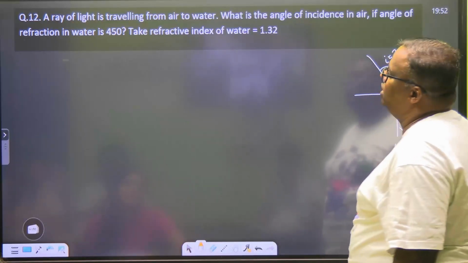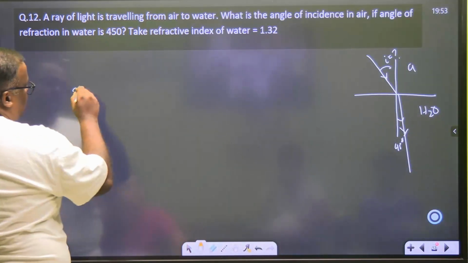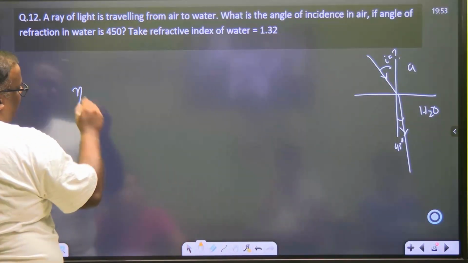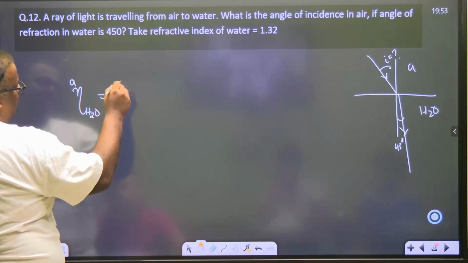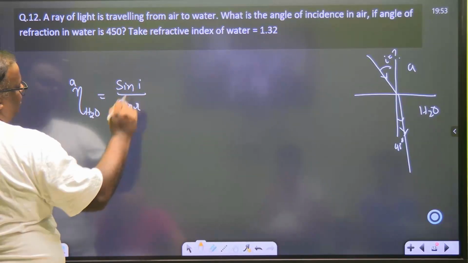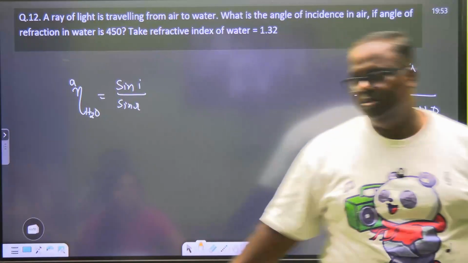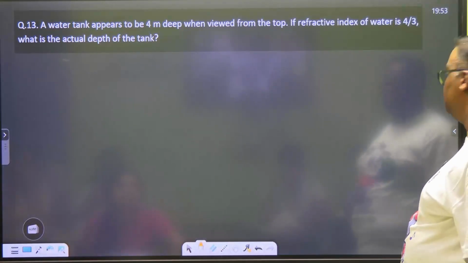Obviously, this has to be more than that. Take the refractive index of water, eta H2O with respect to air, is sine of I upon sine of R. You'll be able to do it? No issues? Now you've become champions.